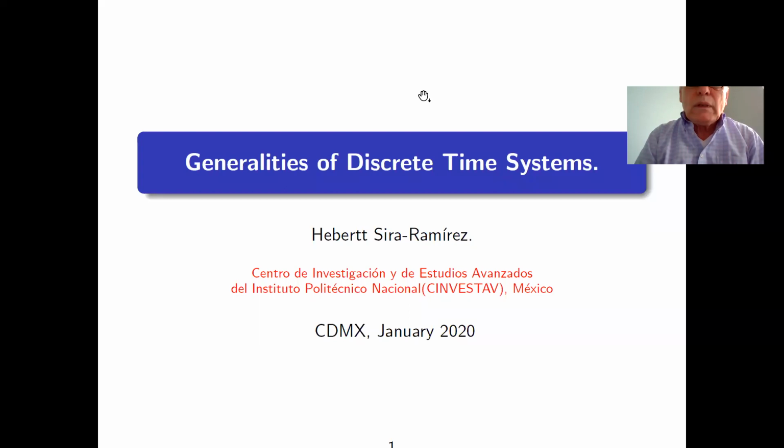disembark in two important issues. One of them is difference flatness, and the second one is how to apply these structural aspects to active disturbance rejection control.